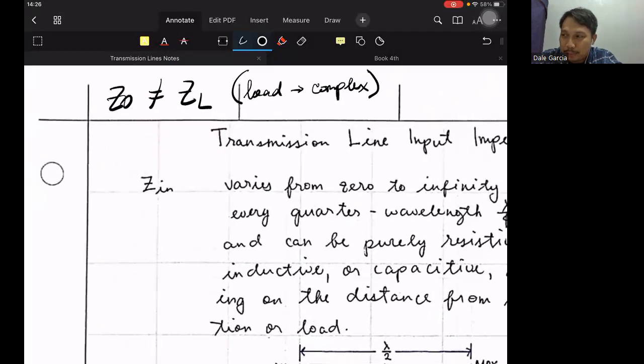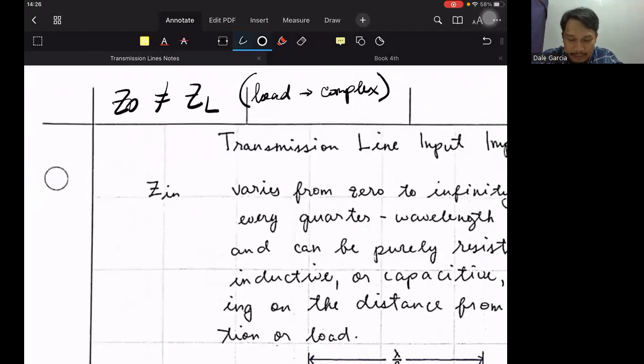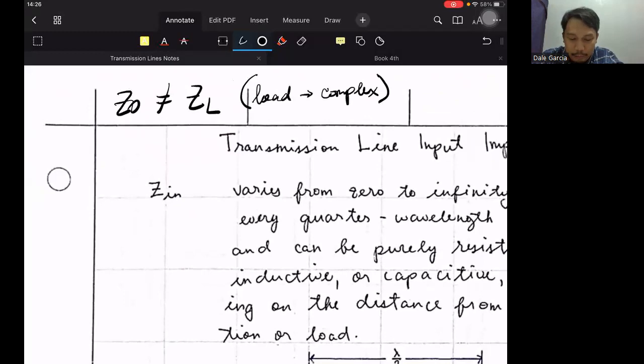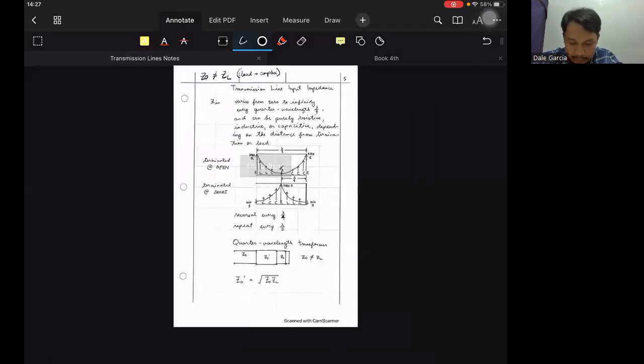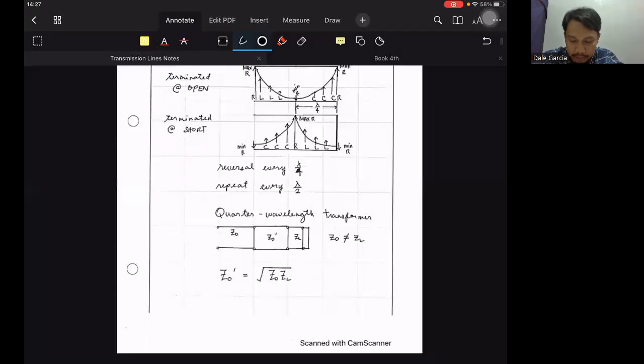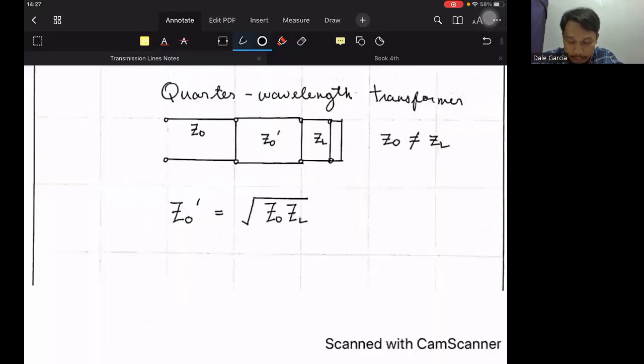So there are two ways on how to match the load and the line. If ang atong load is simple na resistive na value, no, dili complex, wala siya imaginary nga component, I think naa diri nga akong kuan mo ni siya last na part sa akong notes, quarter wavelength transformer, no. So this is a solution on how to match the line and the load if the load is purely resistive, no?